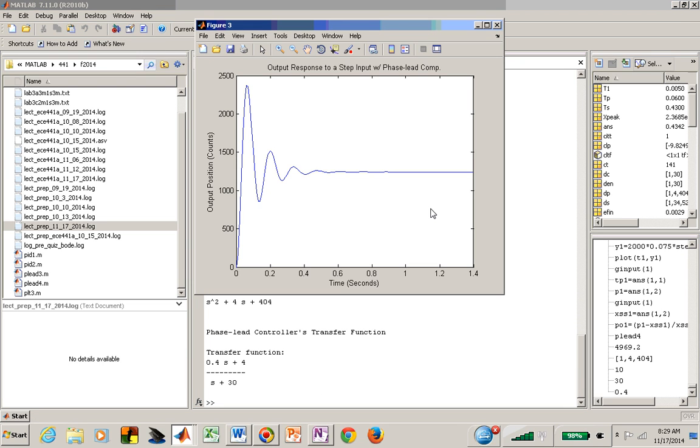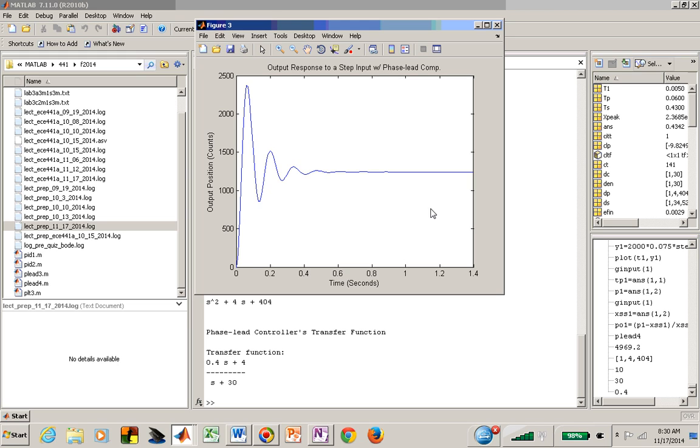And this is now the result of doing that. This is now the closed loop system behavior with that phase lead controller, a gain of 0.4, and here's your transfer function for the phase lead controller, 0.4(s + 4)/(s + 30).